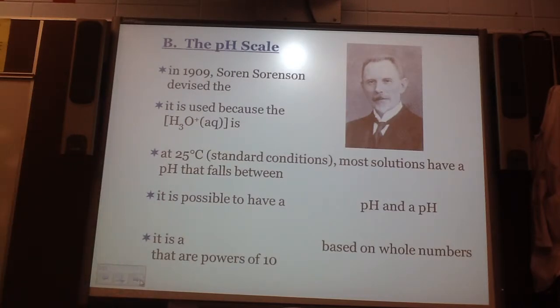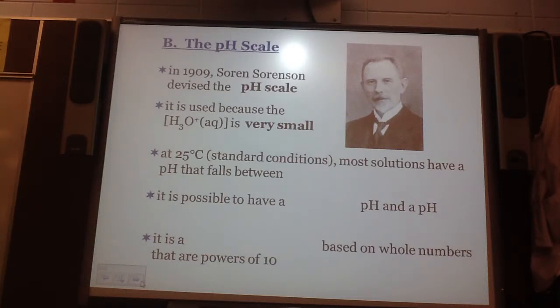It all starts with the pH scale. With Søren Sørensen. He devised the pH scale. It is used because the hydronium ion concentration is very small. So when we're looking at our concentrations, it's annoying to say 1.0 times 10 to the power of -7 moles per liter. So we have a different system for that.